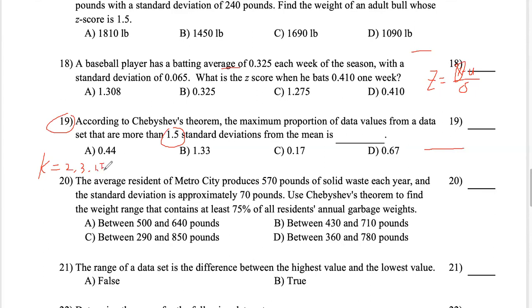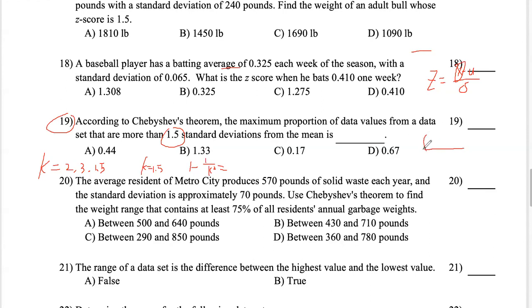If you plug K equal to 1.5 into that formula, it's 1 minus 1 over K squared. That's going to be the probability of being within 1.5 standard deviations.